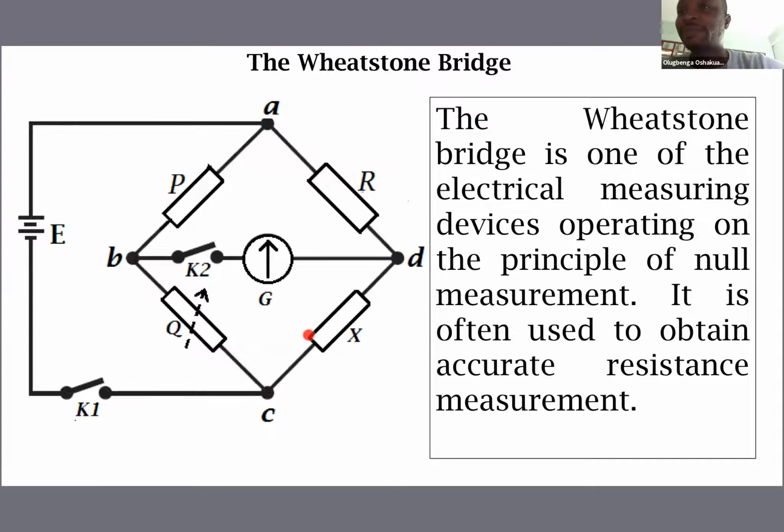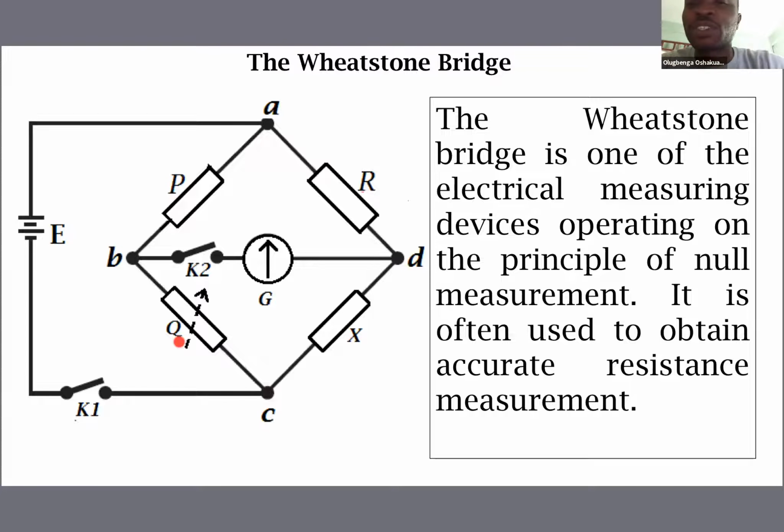The way the Wheatstone bridge operates is that in this scenario, P, R, and X are fixed resistors, while Q is a variable resistor. A variable resistor is a resistor whose value you can adjust. Just like the common Aboki radio, you can increase the volume of the radio by turning the knob gradually.